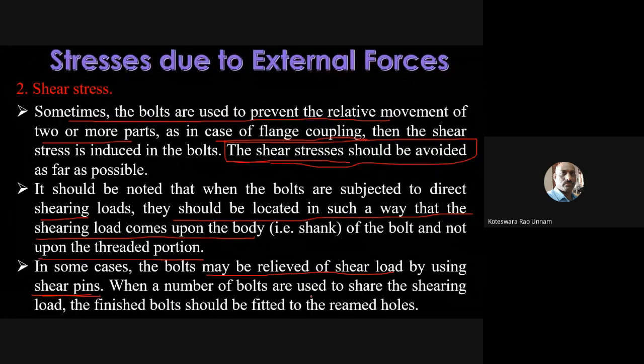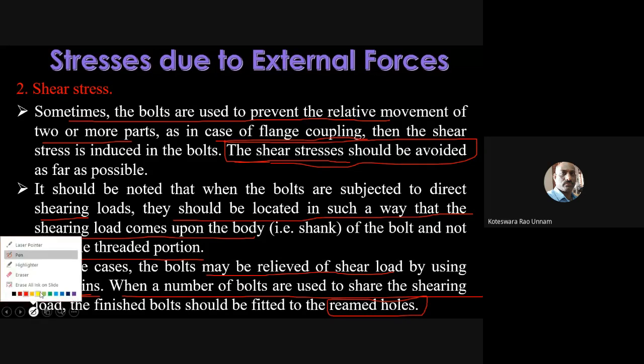When a number of bolts are used to share the shearing load, the finished bolts should be fitted to reamed holes. I think you know what reaming is. If you use reamed holes, then the stress concentration will be less. Because of that, the magnitude of the stress is going to be less in this situation.